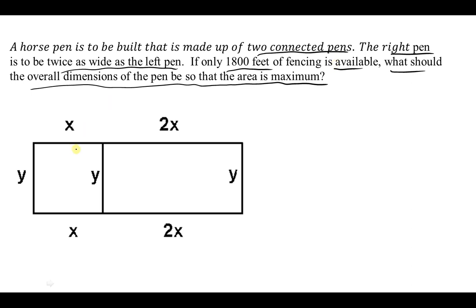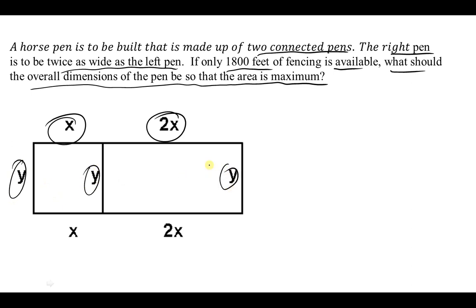Let's look at the total amount of fencing you need if you let the left pen have a width of x, and the right pen a width of 2x, and let the height of the pen be y.